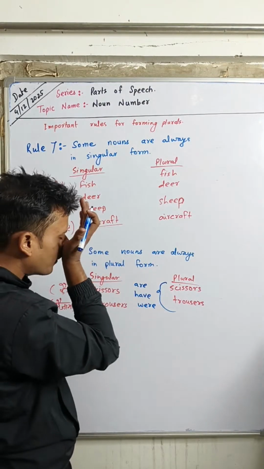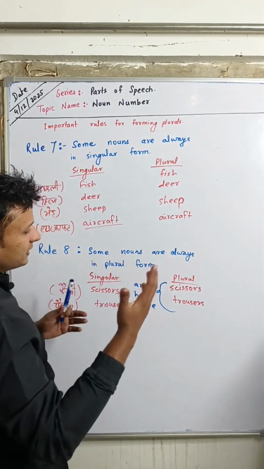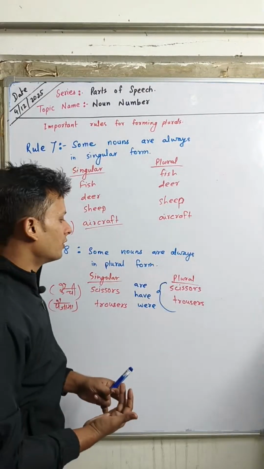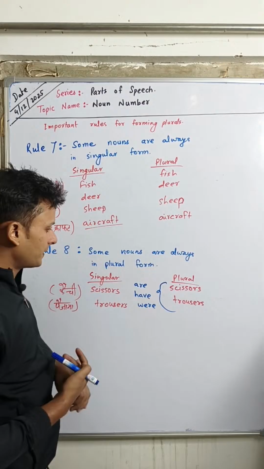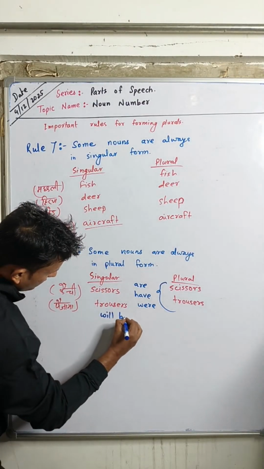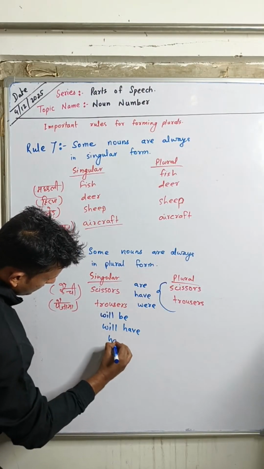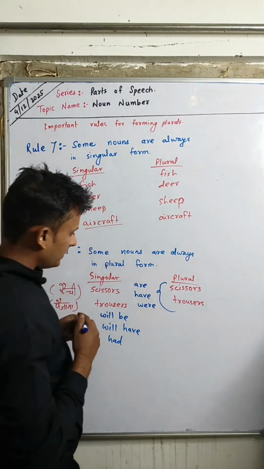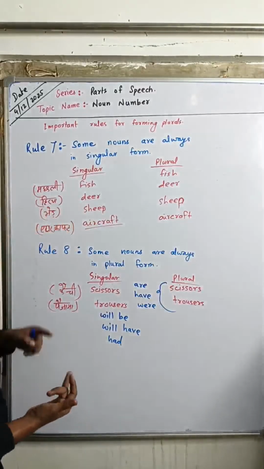And the other verbs that are always subject independent can be used with all subjects, whether singular or plural. Verbs like will be, will have, had. These verbs are used with all the subjects, either singular or plural forms.